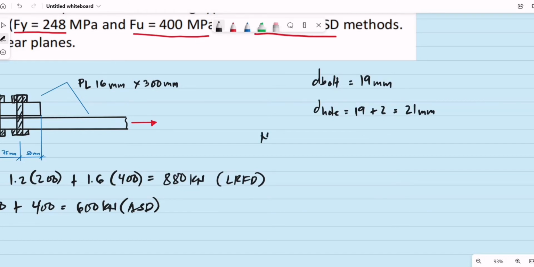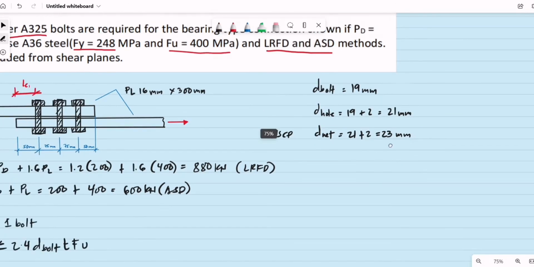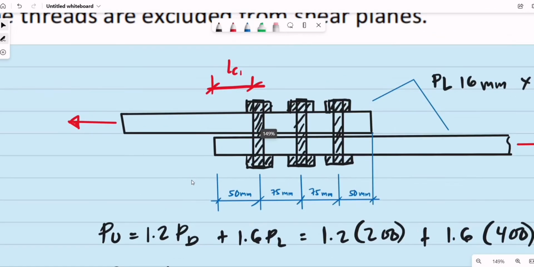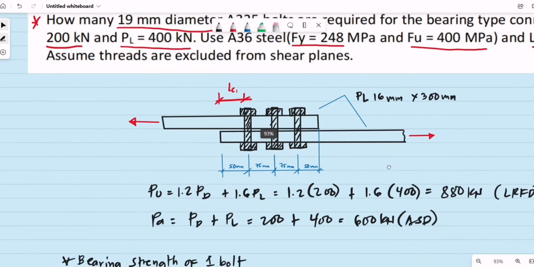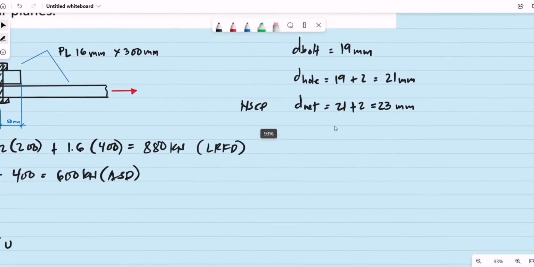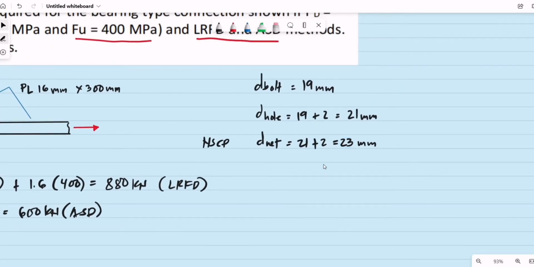But again, based on our NSCP, we will be having a net diameter of the hole as 21 millimeters plus another 2 mm. So we'll be using a net diameter of the hole of 23 millimeters. So how do we compute now for the value of L sub C? L sub C1 is 50 mm minus half of the net diameter of the hole.